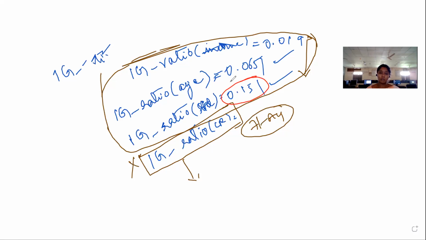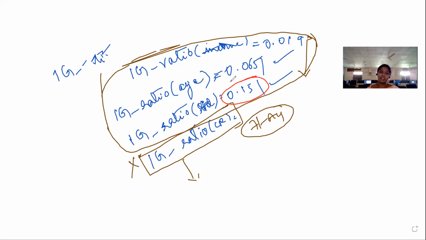So we need to calculate the information gain ratio for each and every attribute, and the one with the highest gain ratio value is selected as the root attribute. So for this example, we have selected student as the root attribute.